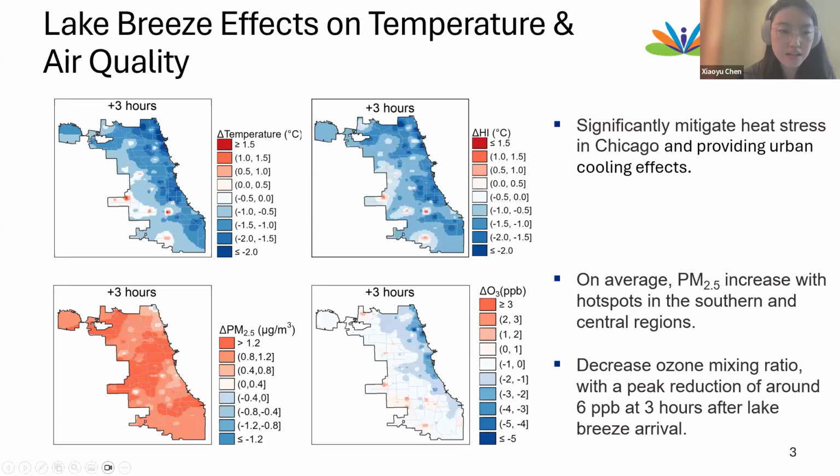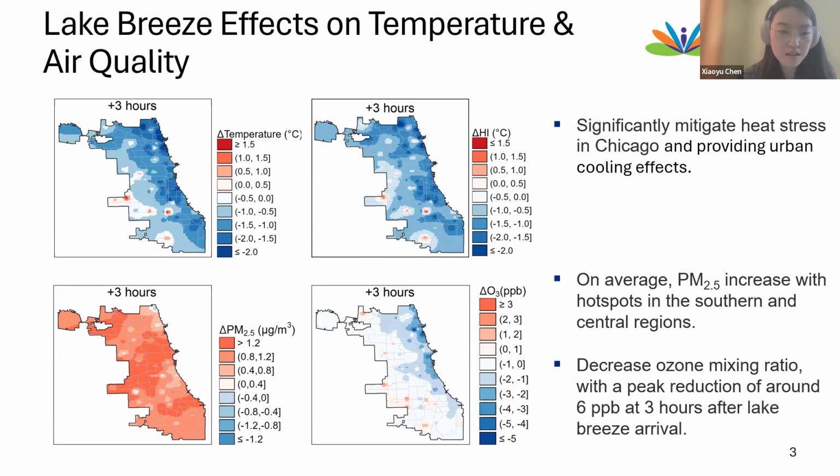From the first row, we can see that lake breeze significantly decreases the temperature and also mitigates the haze index inside Chicago. It also shows a very clear spatial distribution: the onshore area shows more decrease, and inland it shows a relatively smaller decrease.